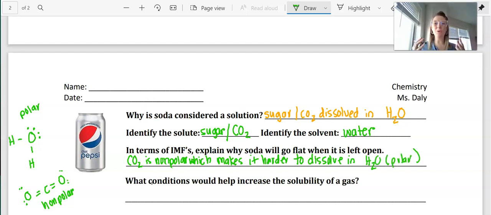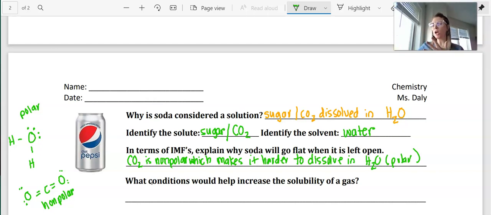And so there are ways that we can help increase the solubility of that CO2. So I always tell my students to think of the perfect can of soda. And again, this varies for everybody, but what conditions would you drink that soda in? And let's first start with temperature.